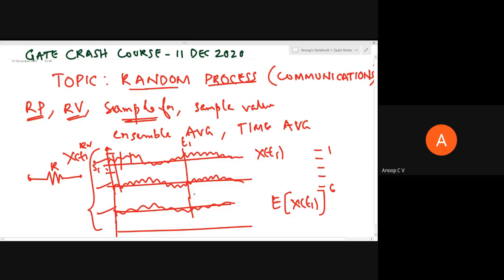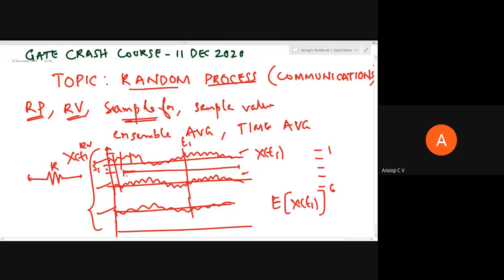But most of the time, in the case of thermal noise, we cannot populate all possible outcomes, so it's not possible. So instead of finding the average over different sample functions, we can consider a single sample function and take the average over time. That is called the time average.